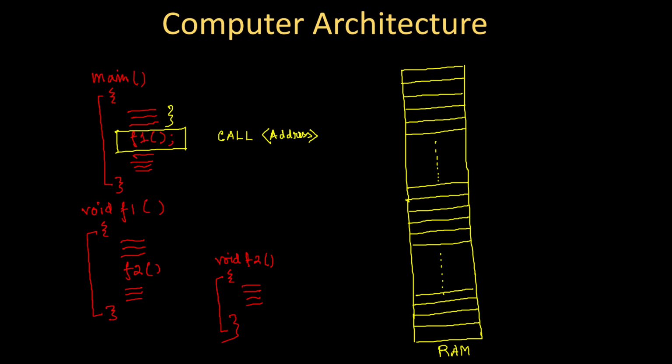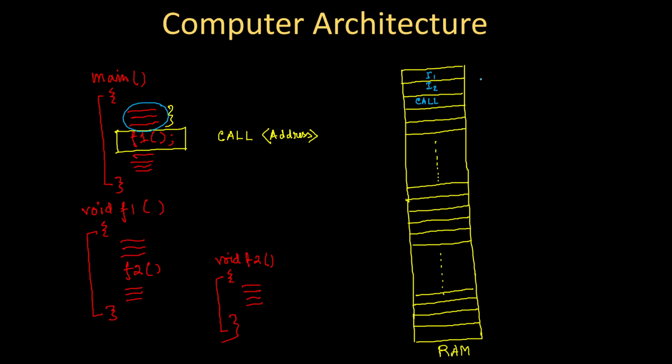The address of the first location of the other function which is called. That means you can have instruction 1, instruction 2, which represent these instructions, and then we have a call. Call what? Call to the address.